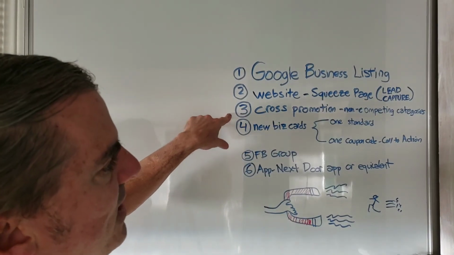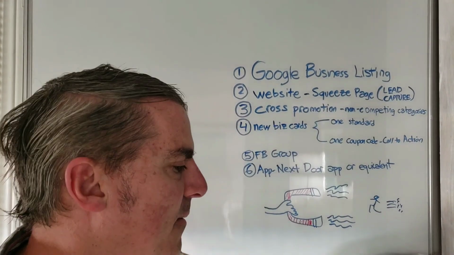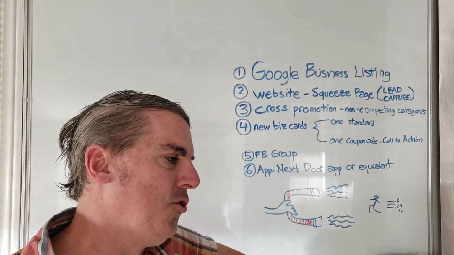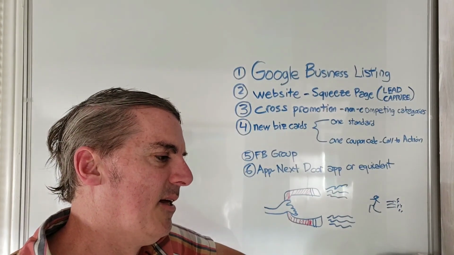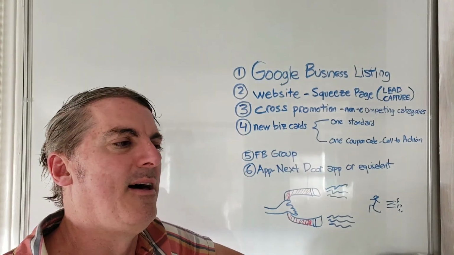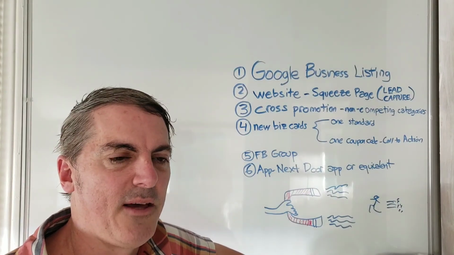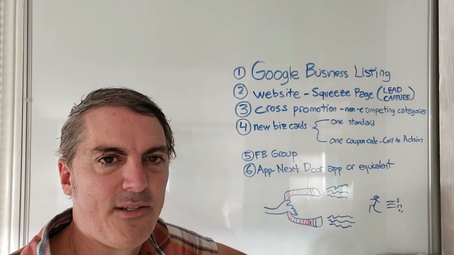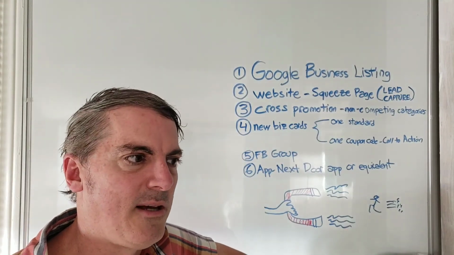Third strategy, again, is cross-promotion in non-competing categories. If you are a flower shop selling flowers, find a nearby coffee house or restaurant. See if you can set your business cards at the front desk of the restaurant, or a hotel, or a coffee house.